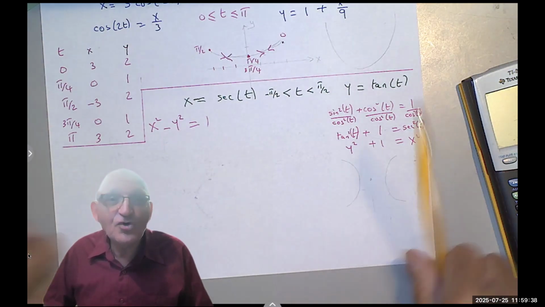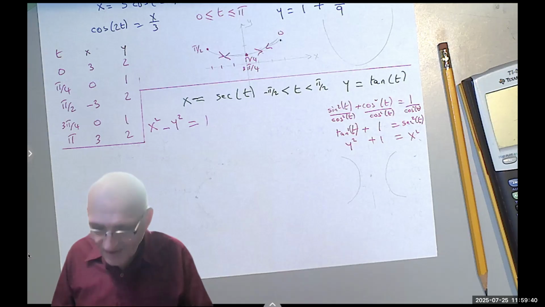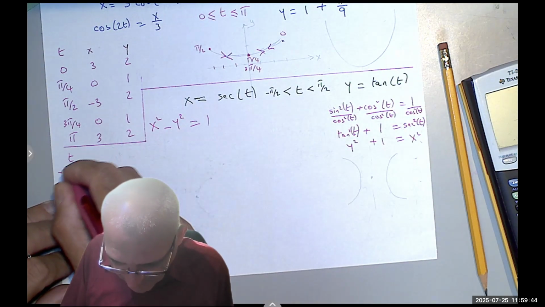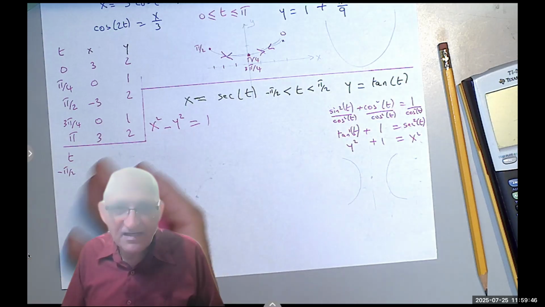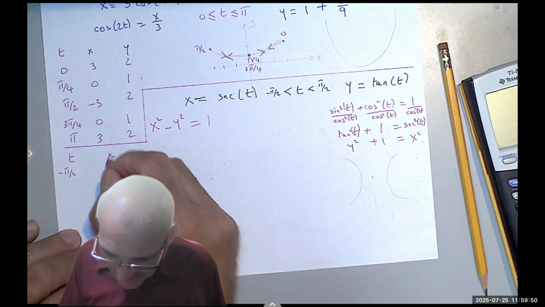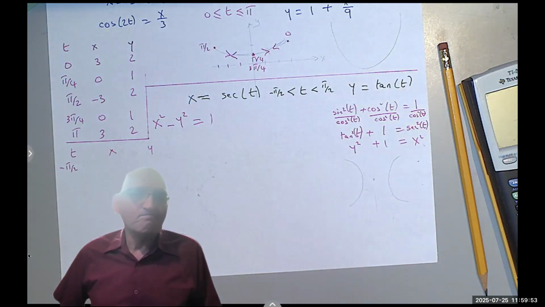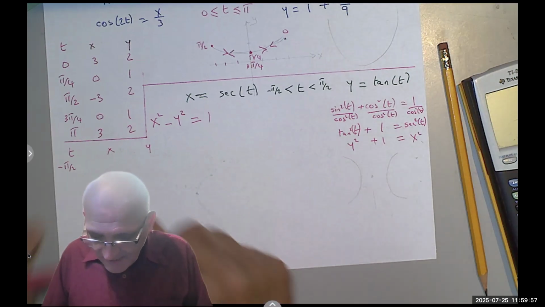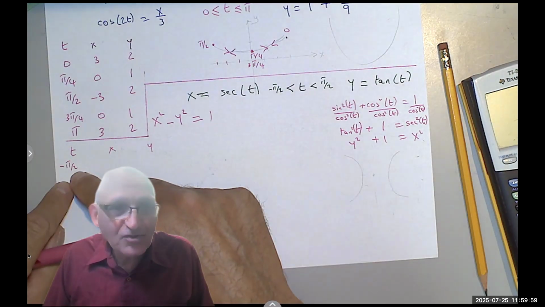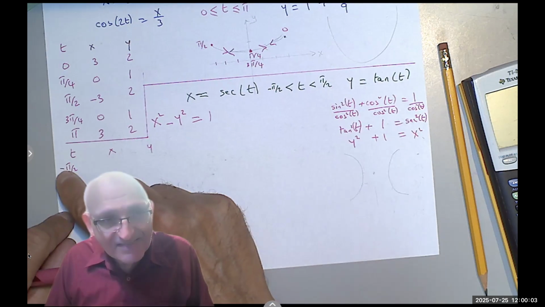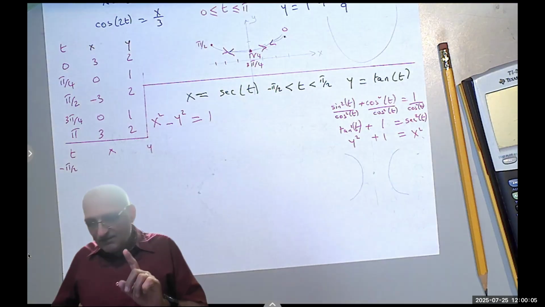But I still don't know how my particle would work. So we say t, I'm going to write negative pi over 2, but it's not exactly negative pi over 2, just slightly higher than that. What is x? What is y? If it's negative pi over 2, I know that cosine pi over 2 is 0, I'm dividing by 0, but be careful here.